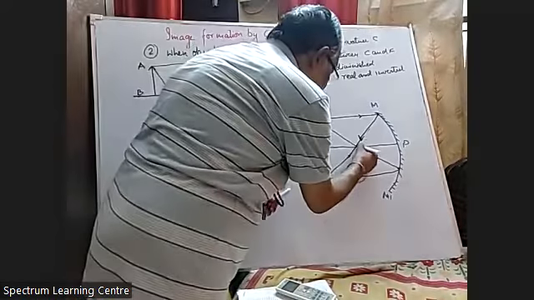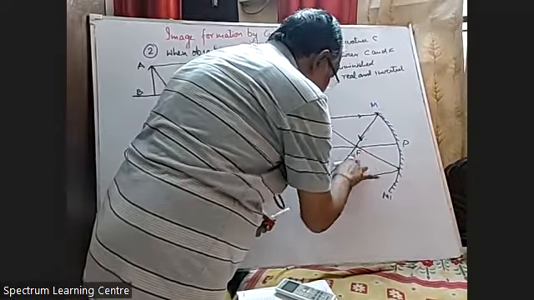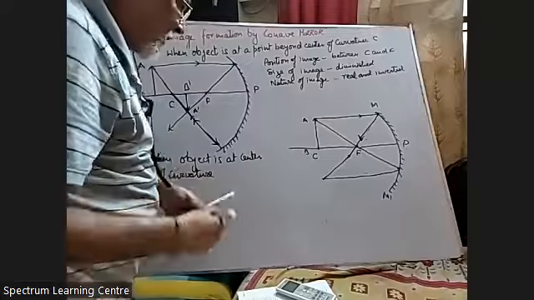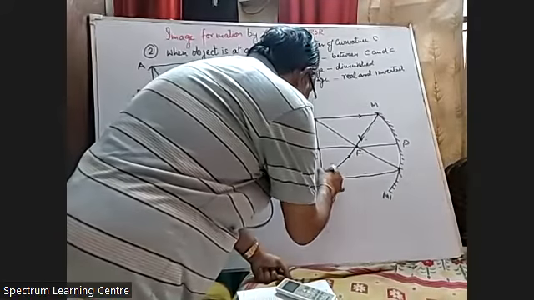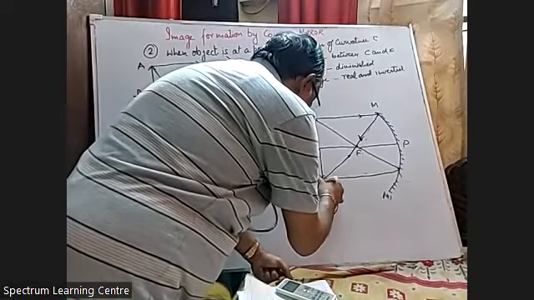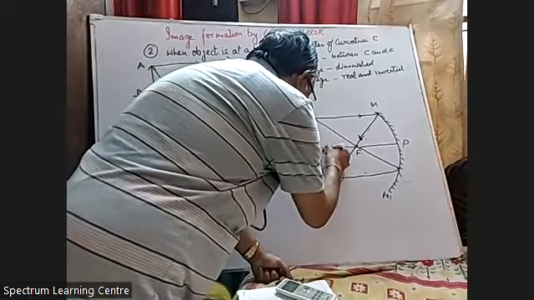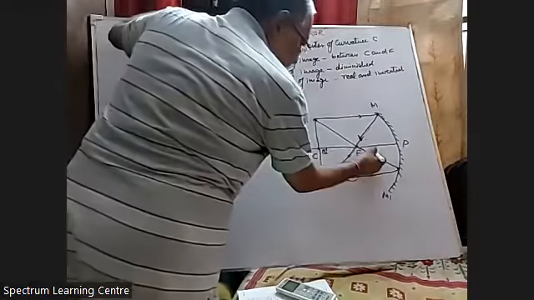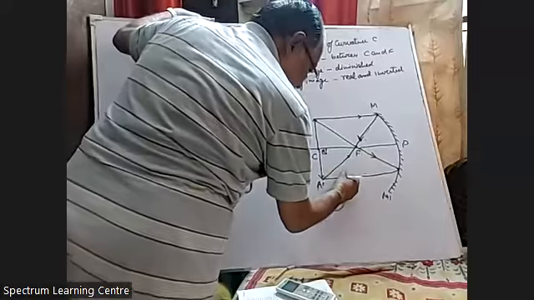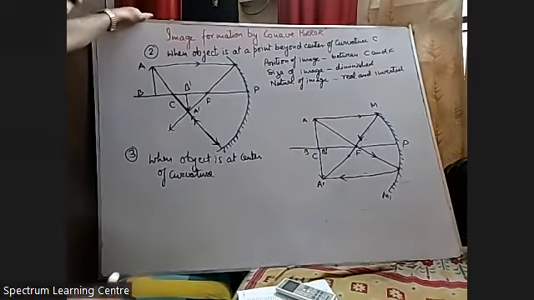This point is F. Now here we get an image A dash, B dash. Now this ray has gone like this. It has come back as parallel.